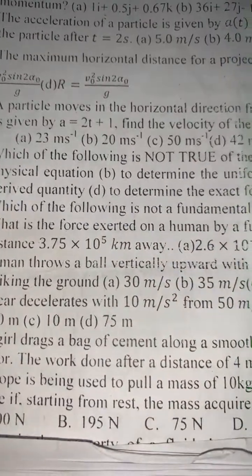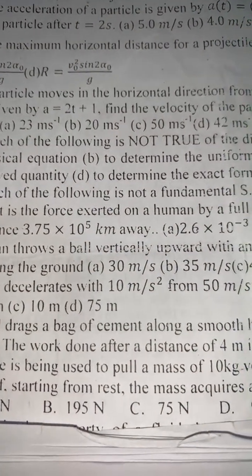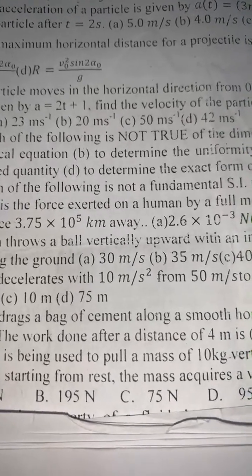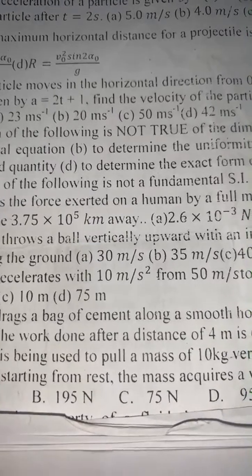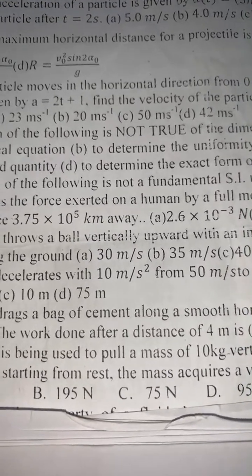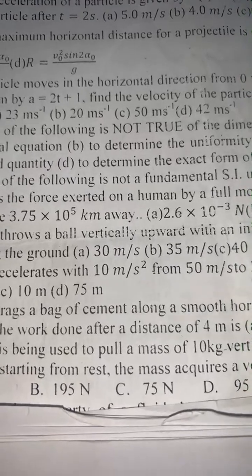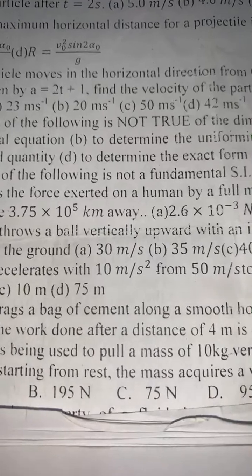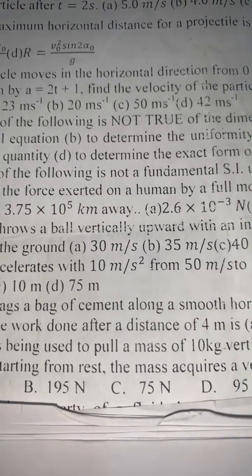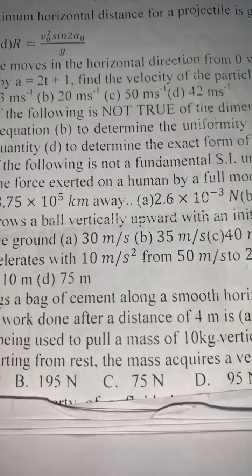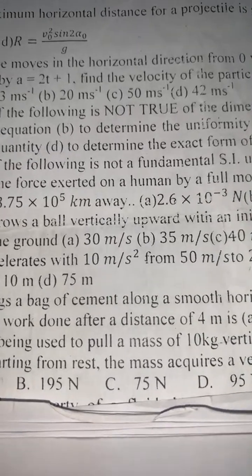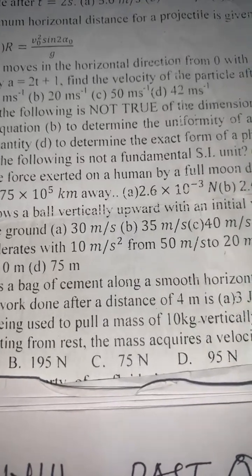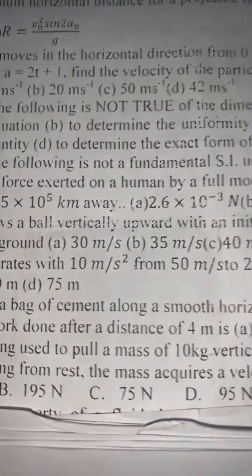We know what fundamental quantities are all about: the quantity that does not depend on any other quantity, which include mass, length, time, the amount of substance measured in mole, the luminous intensity in candela, the temperature in Kelvin. We also know the derived quantities, like velocity, acceleration, force, and all that. So it's not basically to check if it is a fundamental or derived quantity. We know what they are. So the answer is C.